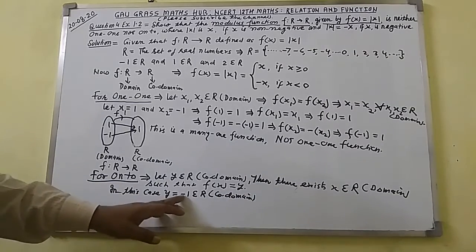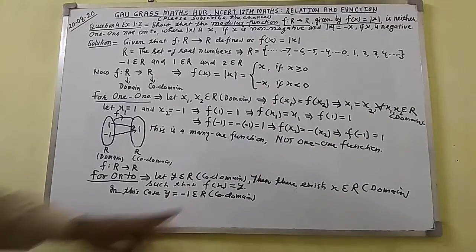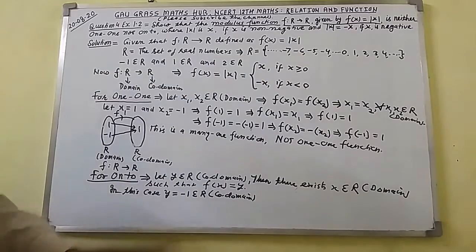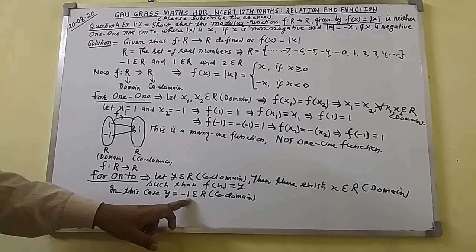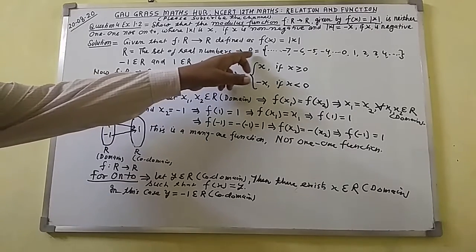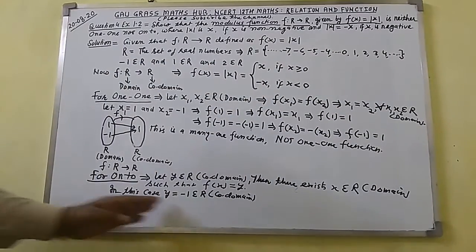Here you can see y equal to -1 belongs to capital R codomain. Capital R is the set of real numbers, so -1 will fall under the set of capital R. This statement is true.